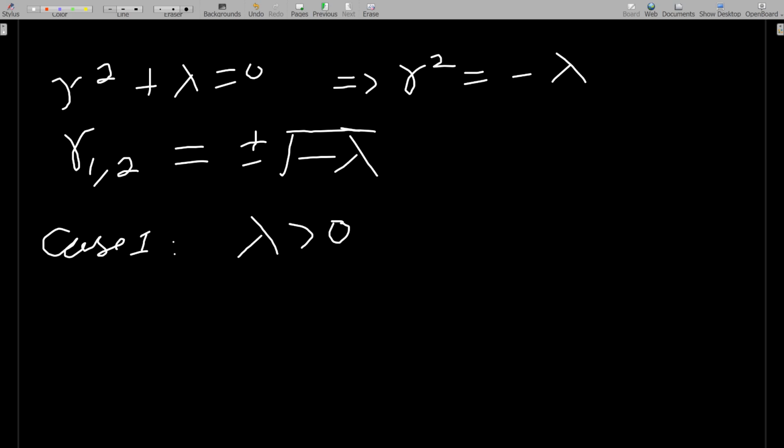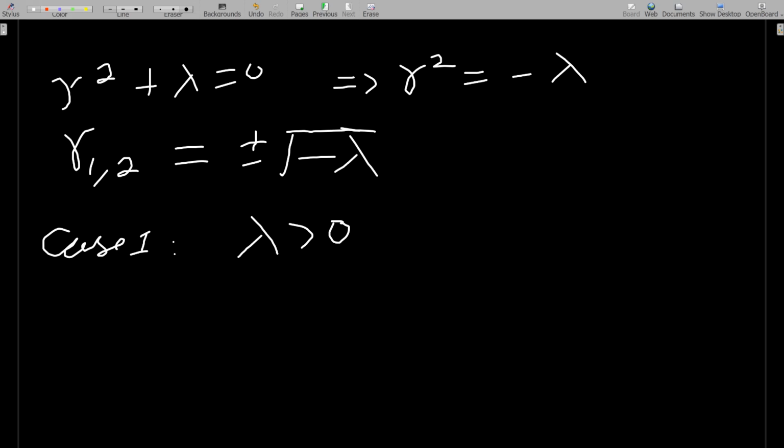For example, if λ is 2, then -2 is negative, and the square root of -2 gives us the square root of 2 times i. If λ is 3, we have the square root of 3 times i, because it's a negative number. The square root of a negative number is just i multiplying the square root of that number.